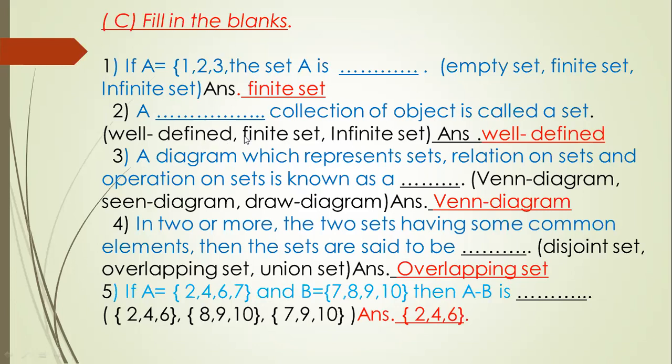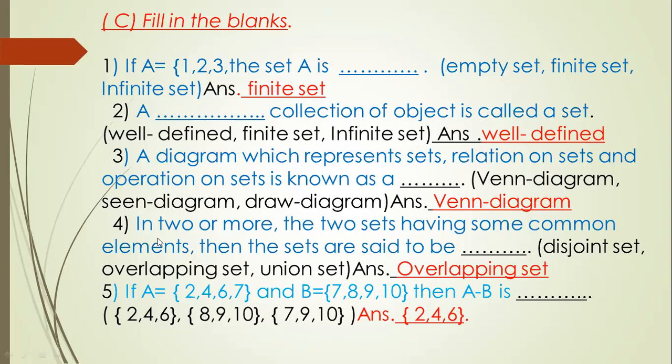And number 3: a diagram which represents set, relation on set and operation on sets is known as a blank. There is Venn diagram, and there is scene diagram, and draw diagram. Its answer is Venn diagram.